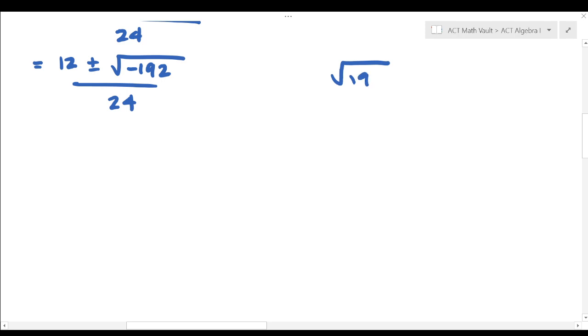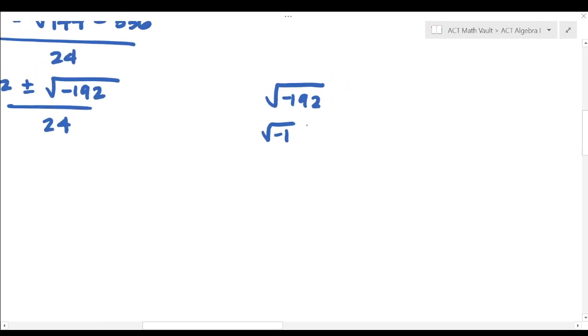I'm going to do that simplification off to the side. So first thing I want to do is always pull out that negative 1 and then see what's left, 192. Okay, so what I'm going to start doing is trying perfect squares to see what I end up getting here. So I know that this would be i. And then 192, I just tried 64.